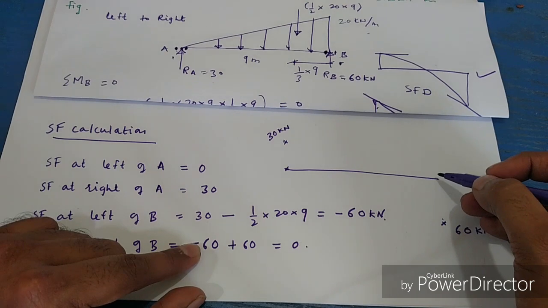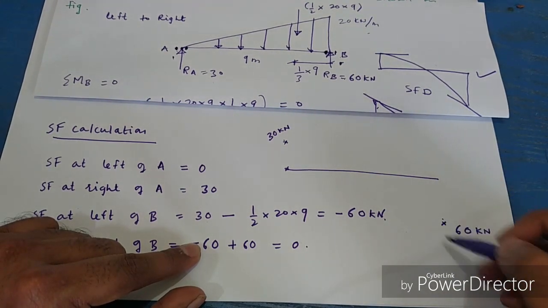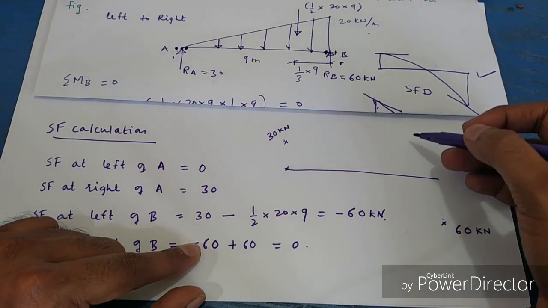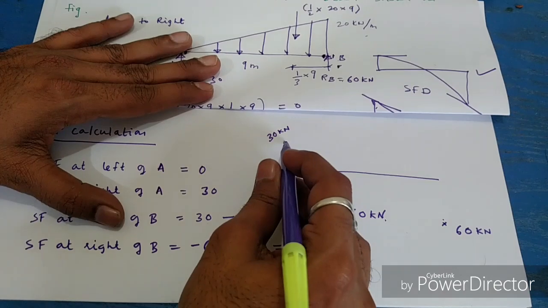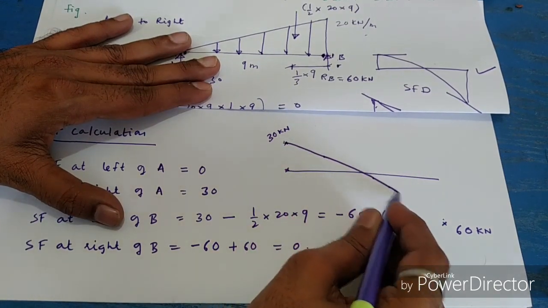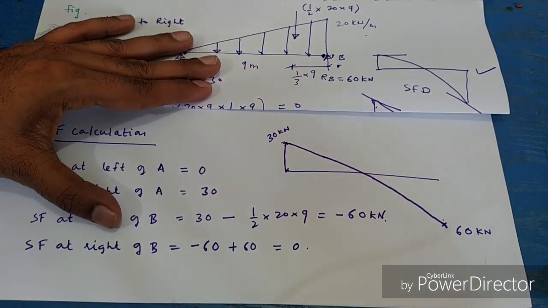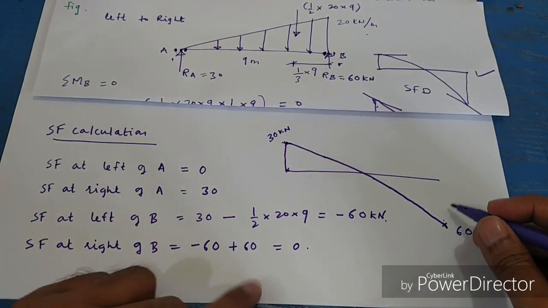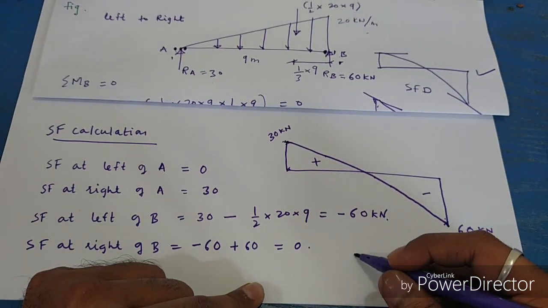If you are noting below the datum, you don't have to show the negative sign. Above the datum is positive, below the datum is negative. So join this, it will be like this. We have seen that. At right of B it is 0. So plus, minus, this is the SFD diagram.